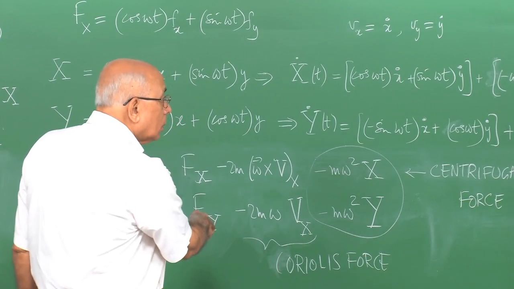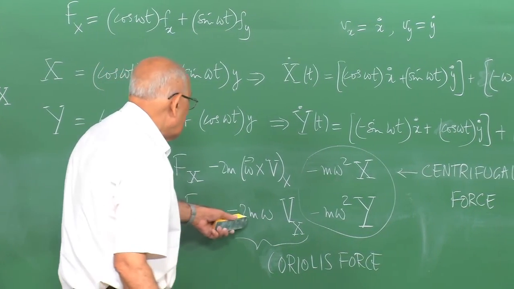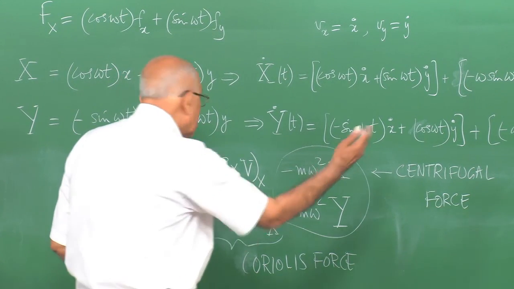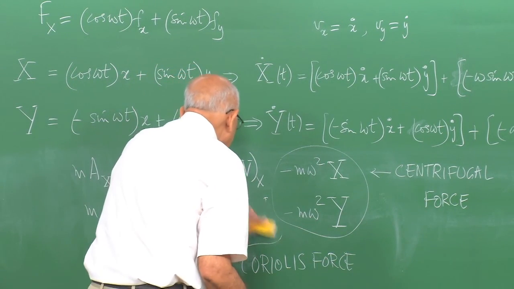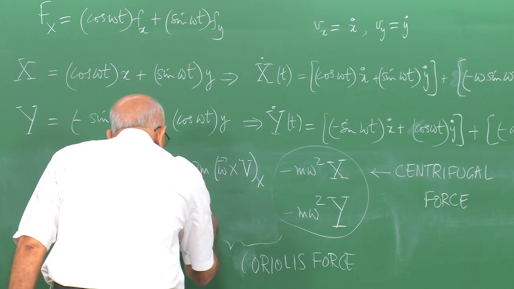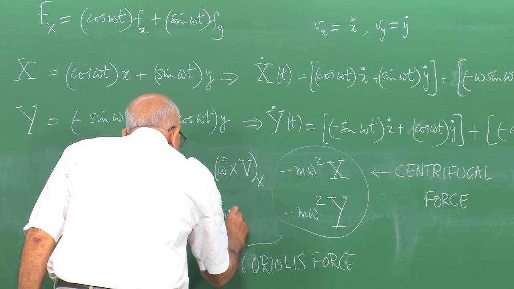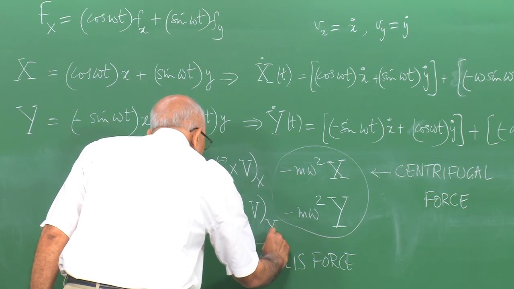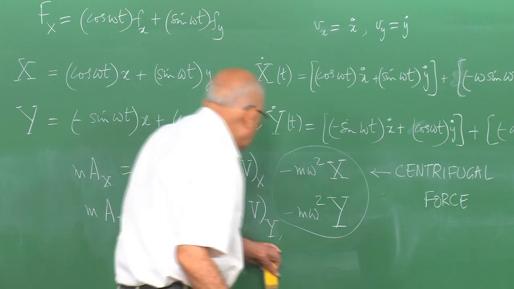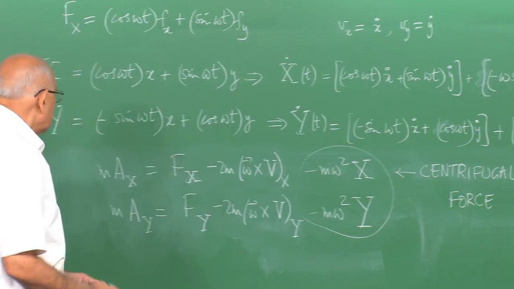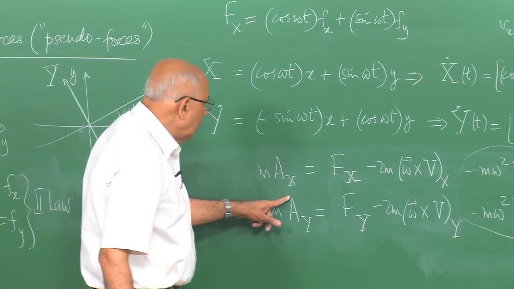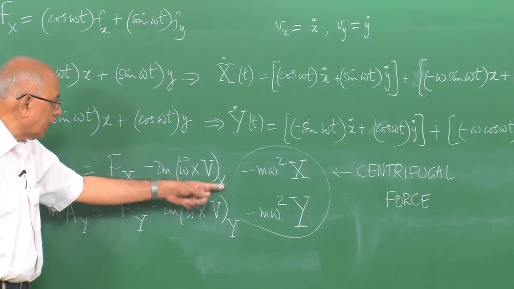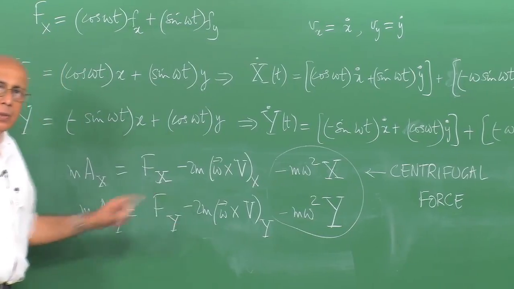And this term here is minus Vx Ey, and Vx is sitting there, so it's minus 2m omega cross v, the y component of it. So you see we are beginning to get a structure here. M times A, the x component, is F, the x component, minus 2m omega cross v, the x component, and ditto on this side here.